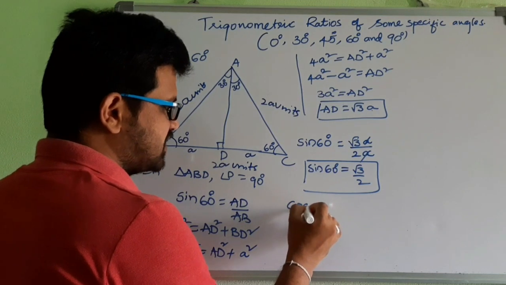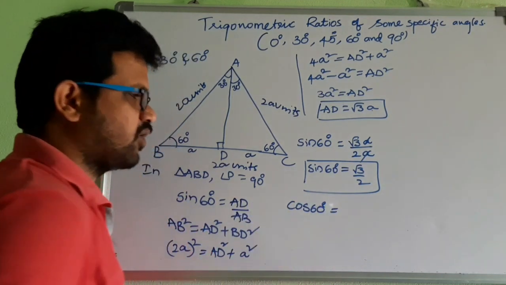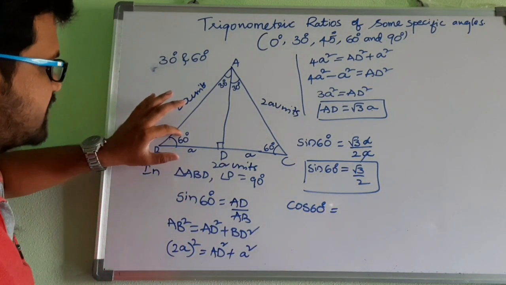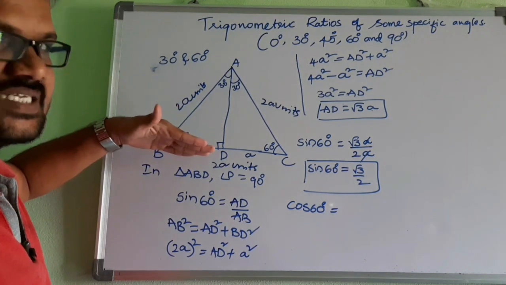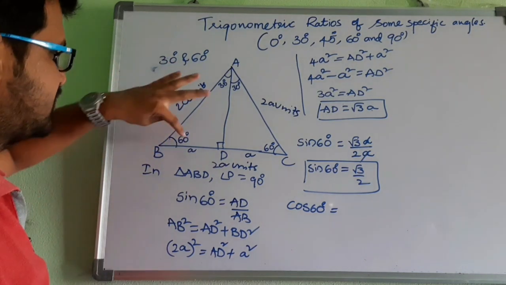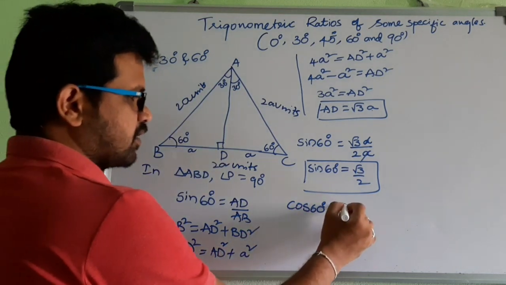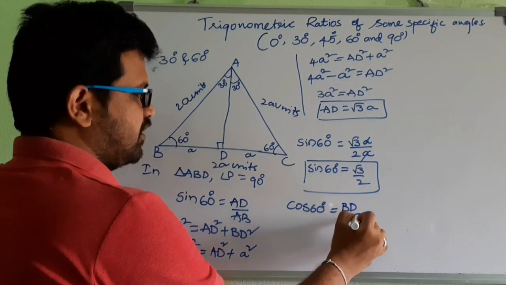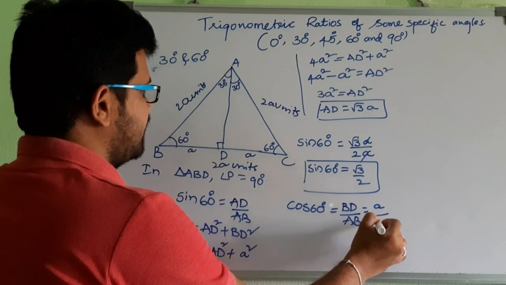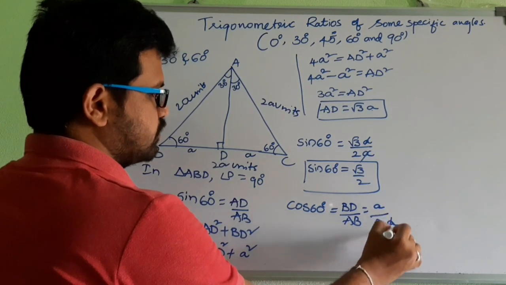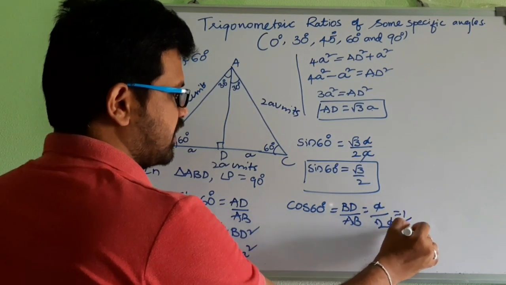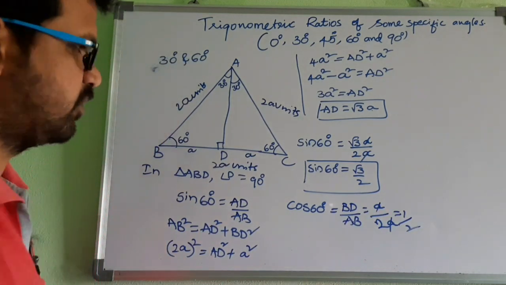What about cos 60 degrees? With respect to this angle, the cos ratio is adjacent side by hypotenuse. What is the adjacent side? BD. BD by AB. BD is a by 2a. So cancel, that is 1 by 2. Cos 60 degrees is 1 by 2.